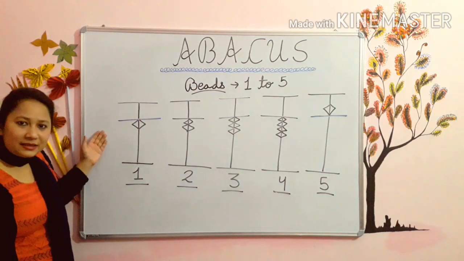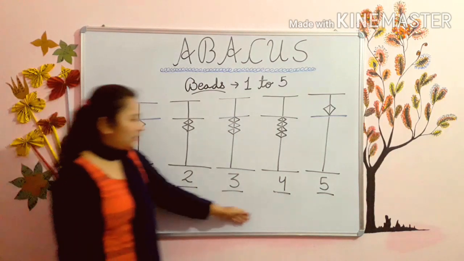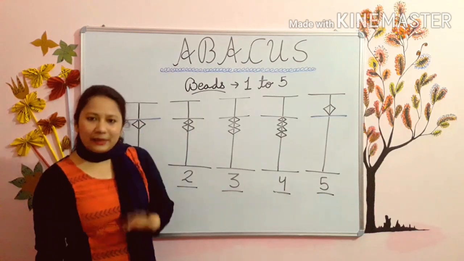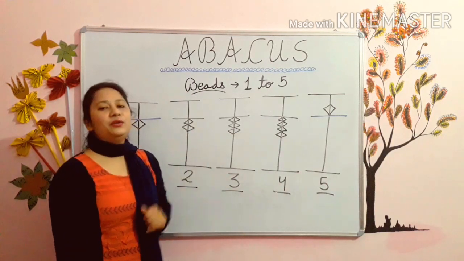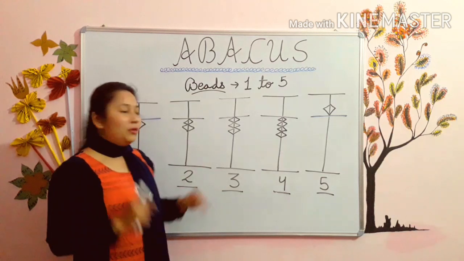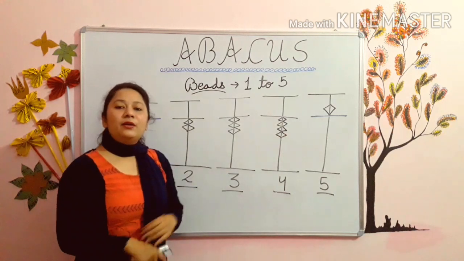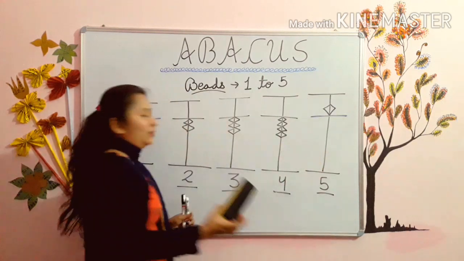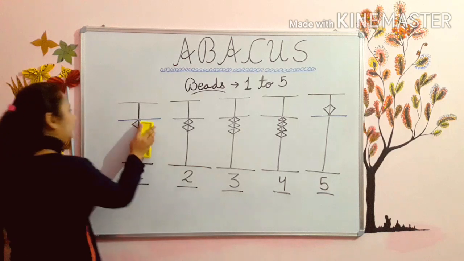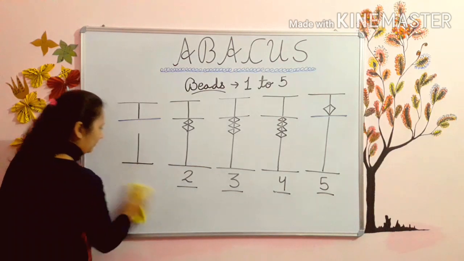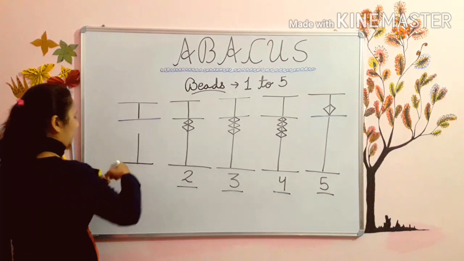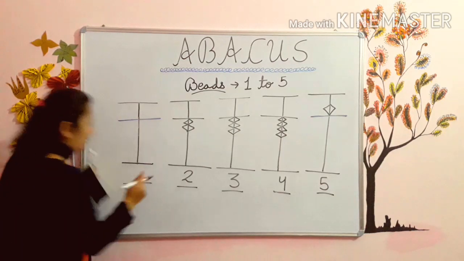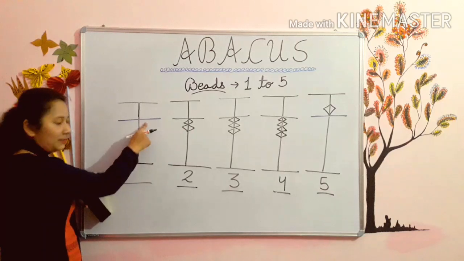Can you see it clearly, students? 1, 2, 3, 4, 5. These beats I have explained to you in my previous videos, and I hope that you have drawn these beats in your abacus fair notebook. Now one more beat was there. This. See, is any beat there?